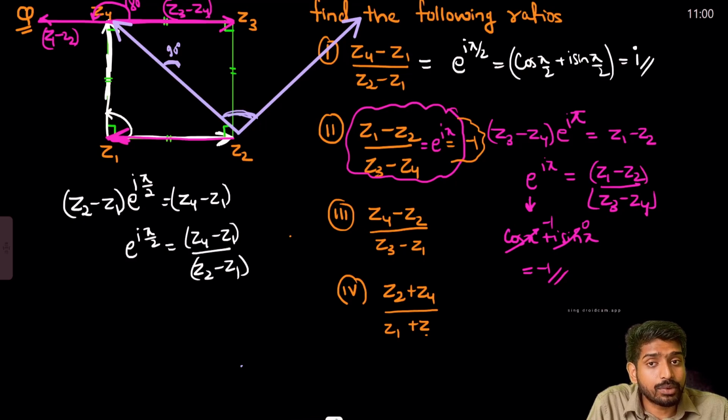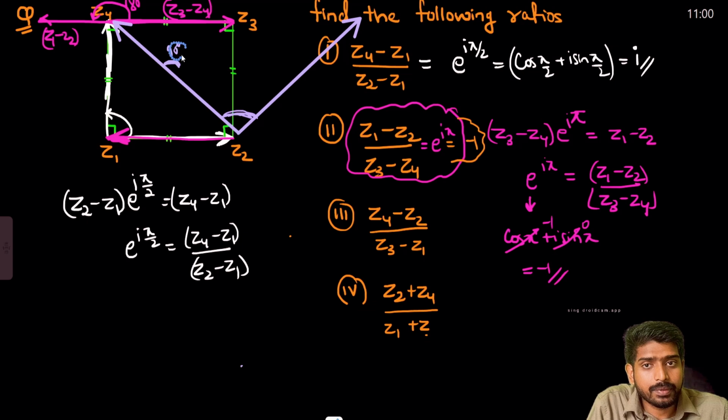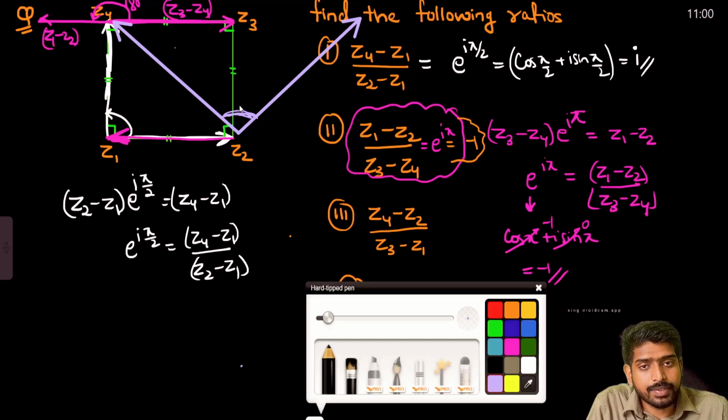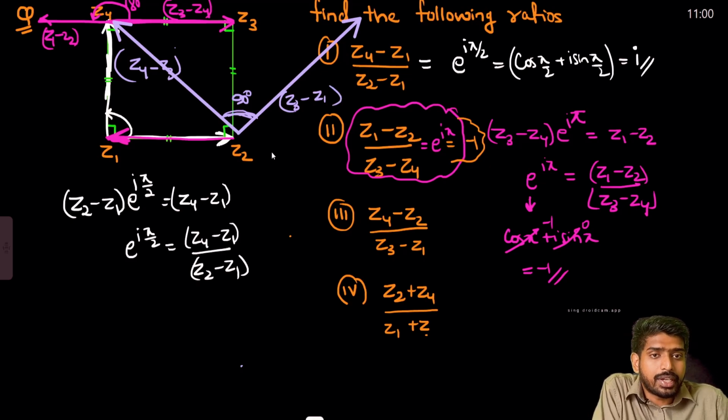Because we can move the vectors parallelly, we can say that this angle is 90 degrees. This vector is z4 minus z2, and this vector is z3 minus z1. So we'll rotate.